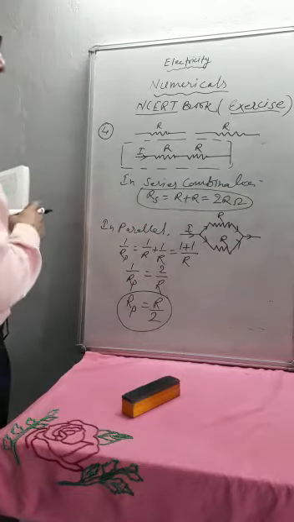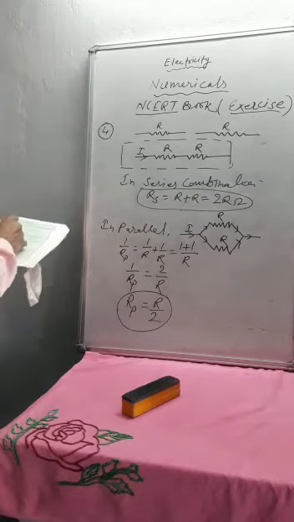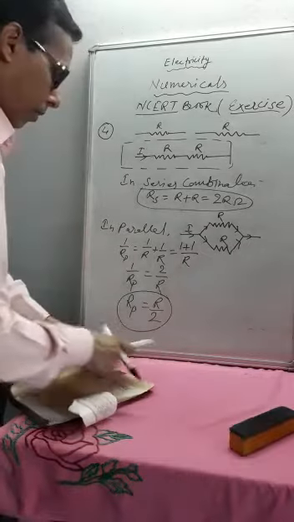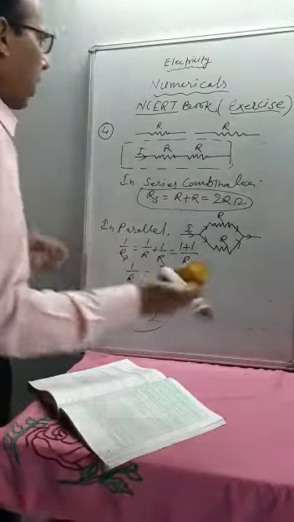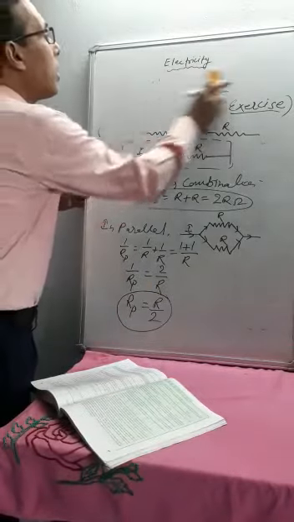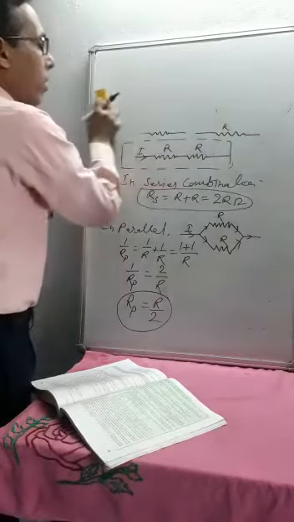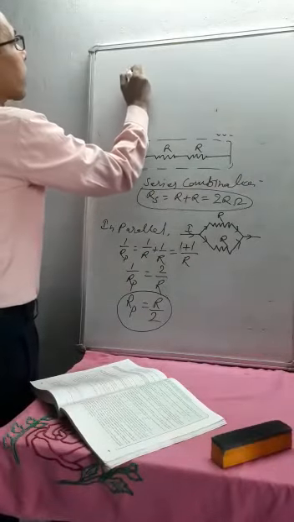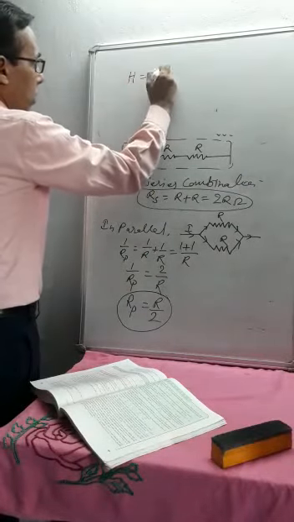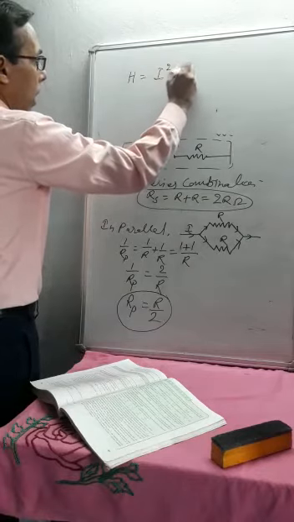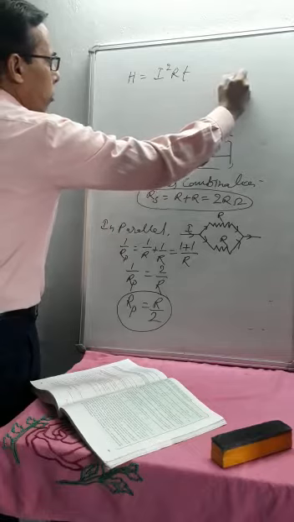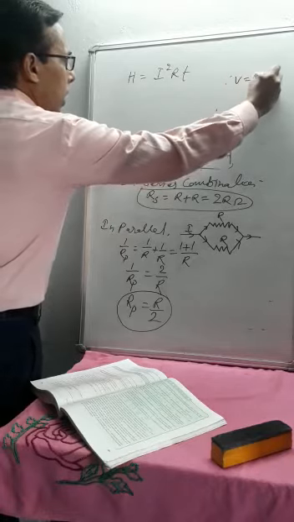Now we have to find out the ratio of heat produced in the series and parallel combination. Then how would you find out? All of you know the formula H is equal to I square RT, and from Ohm's law, V is equal to IR.